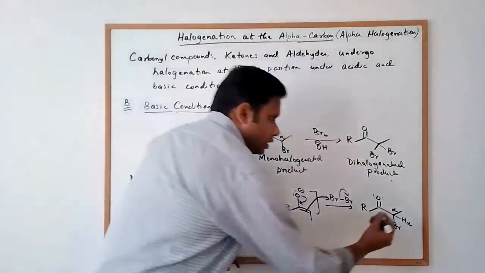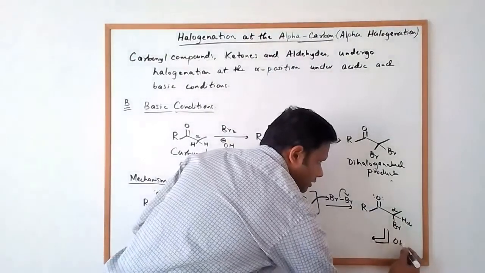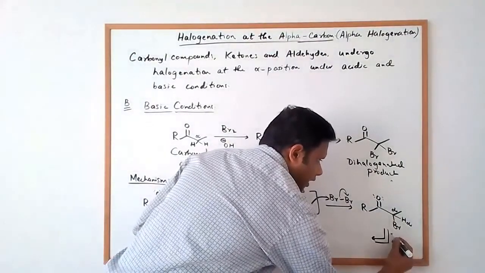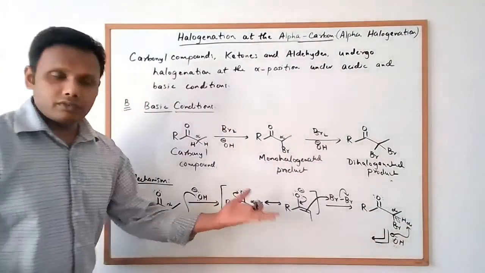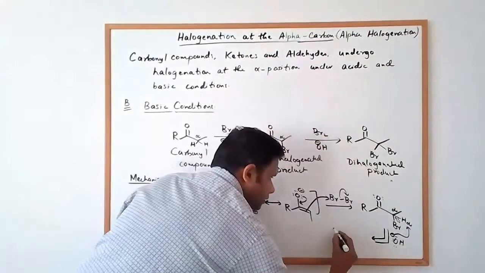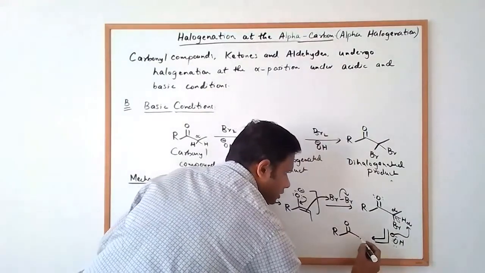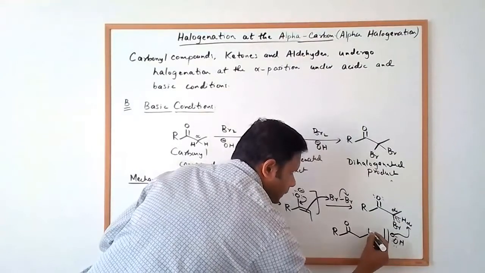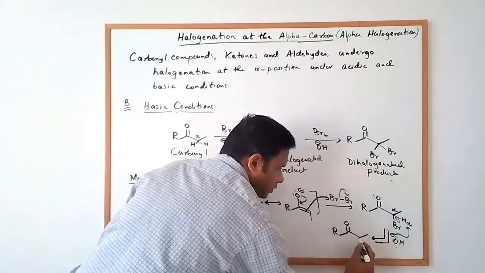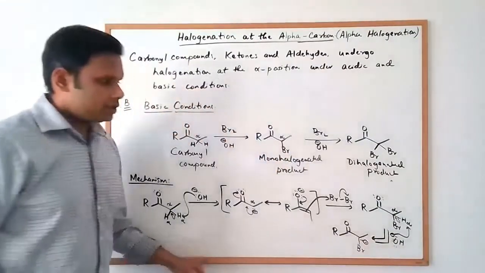So that means the base can now react with this alpha-halogenated product, the mono-alpha-halogenated product, to give you another enolate. And that enolate is going to be the Br with the negative charge here.